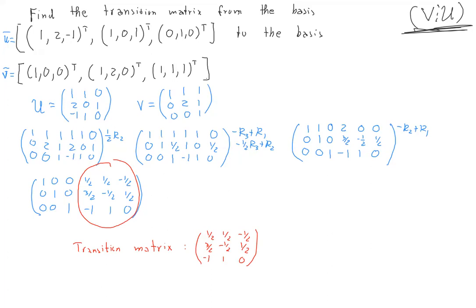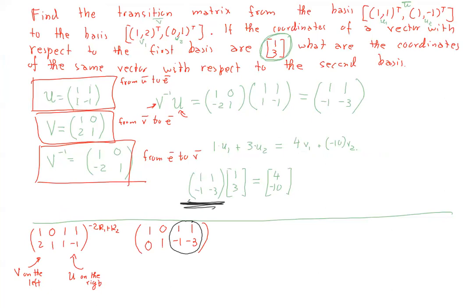As we said before, this matrix allows you to transform coordinates with respect to the first basis u to coordinates with second basis v. And that's why exactly I gave you the previous problem before that shows you exactly how this is happening. We already said that at the beginning.